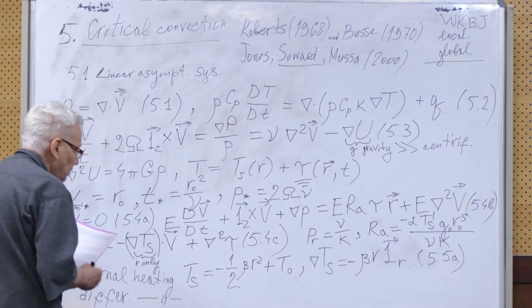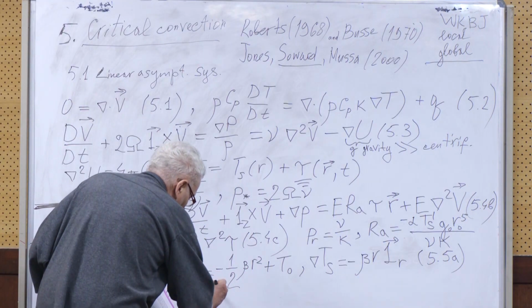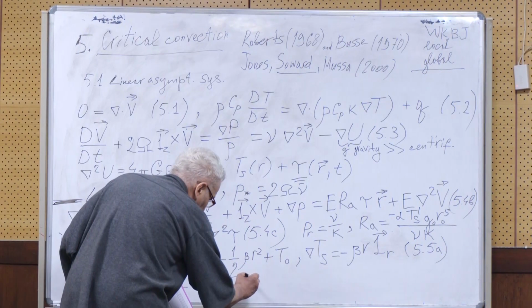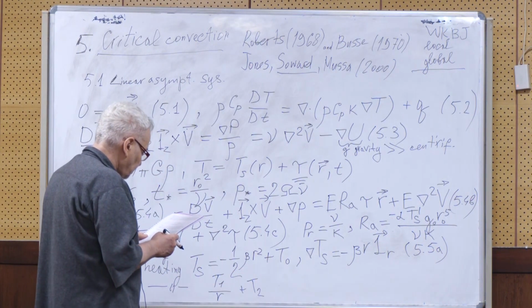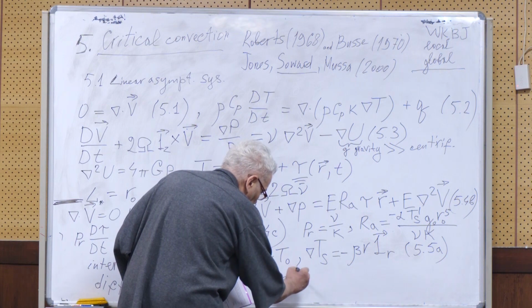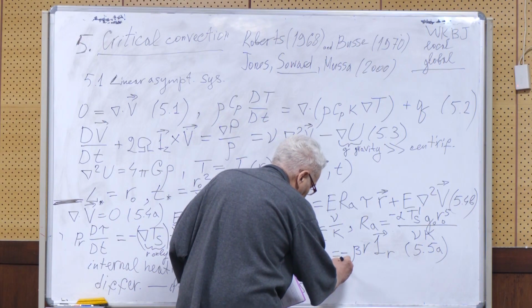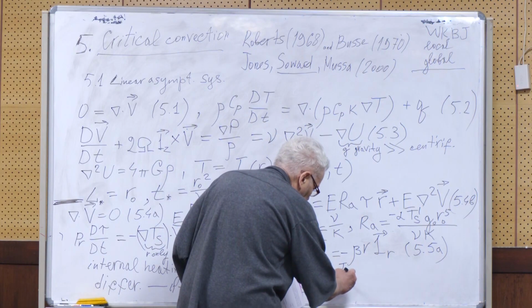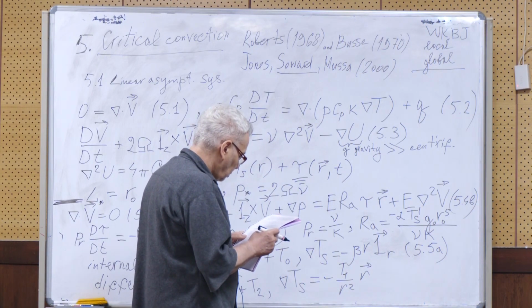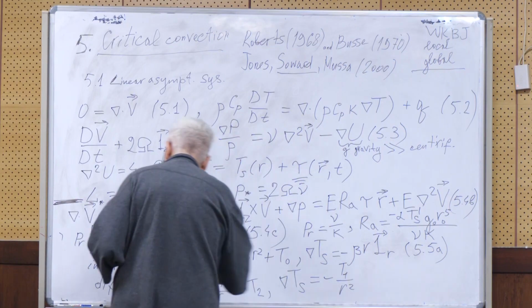The similar Ts is T1 over r plus T2, and the gradient is again negative, minus T1 over r squared, times the unit vector in the r direction.